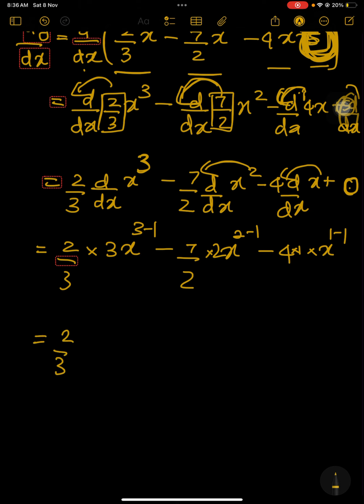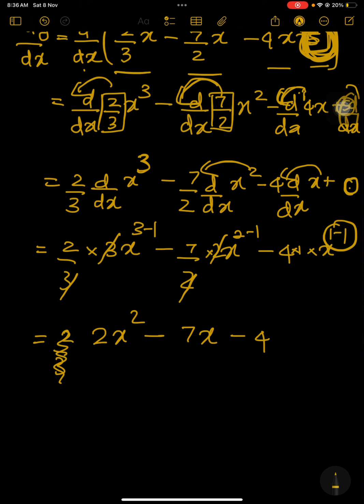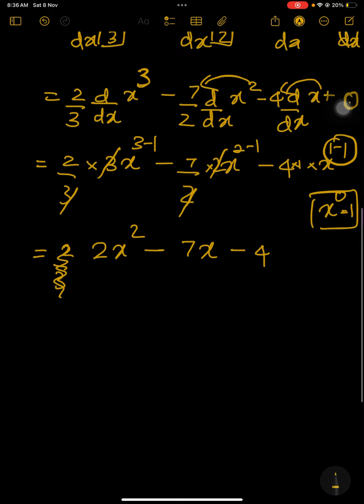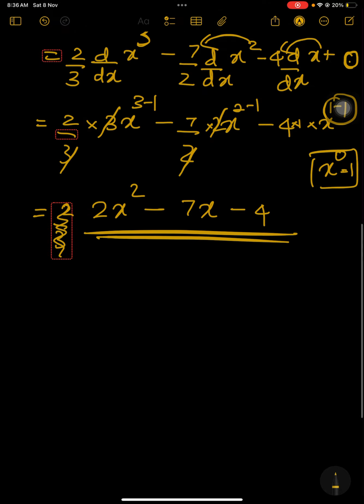The 2 over 3 and the 3 cancel, giving 2x squared minus 7x minus 4, since x to the power 0 is 1. This is the simplest form you get for dy over dx.